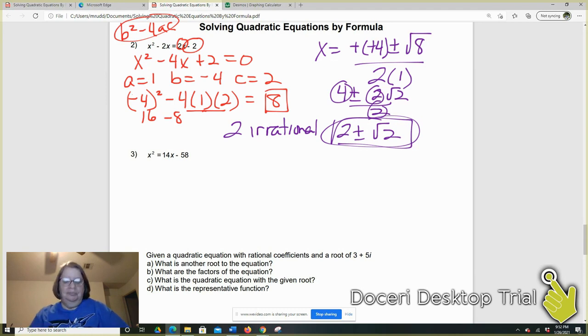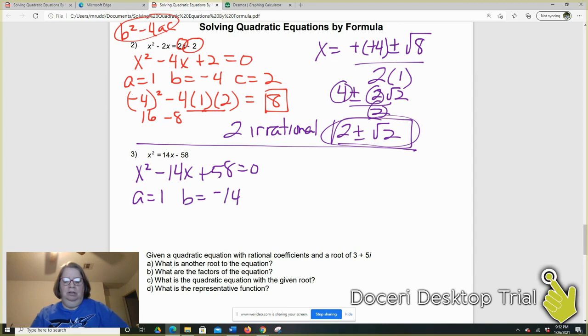Okay, number 3. Let's put it in standard form. X squared minus 14x plus 58 equals 0. A is 1, B is negative 14, C is 58.